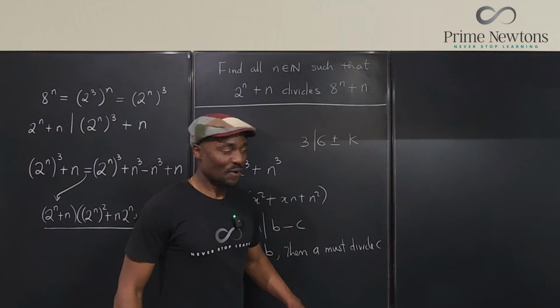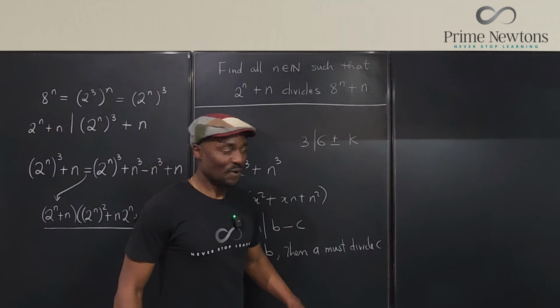So my problem has gone away from me trying to figure out two exponential functions to comparing an exponential function to a polynomial, which makes your life a lot easier, because now I'm no longer dealing with this exponential part, because I can see this divides this. This must also divide this, because this is supposed to divide everything according to the question we have here.